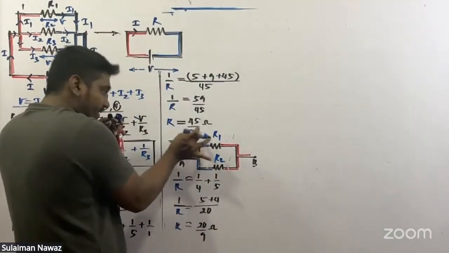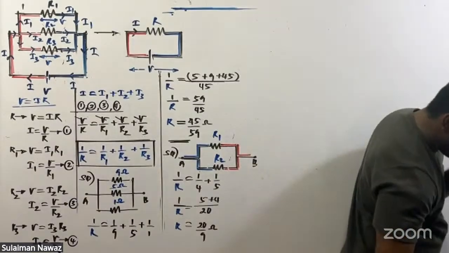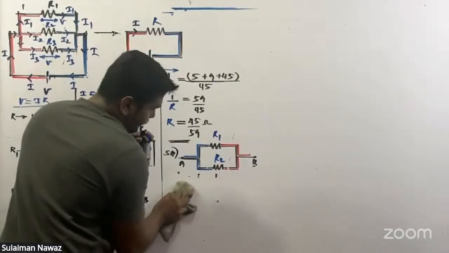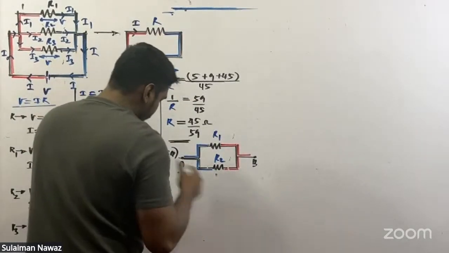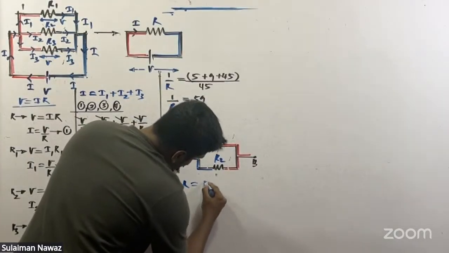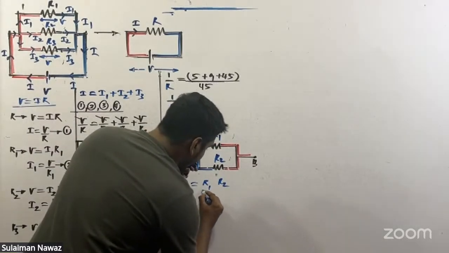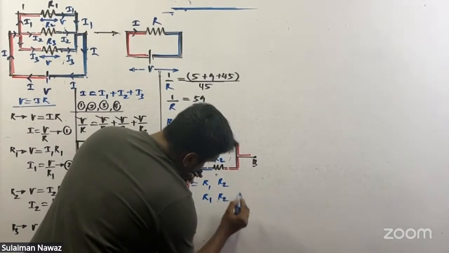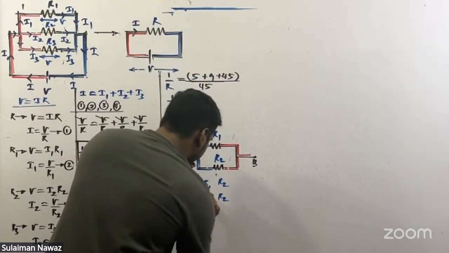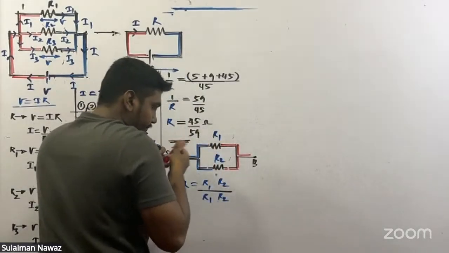If there are only two resistors which are in parallel, then you can obtain your equivalent resistance as the multiplication of two resistances over the addition of two resistances.